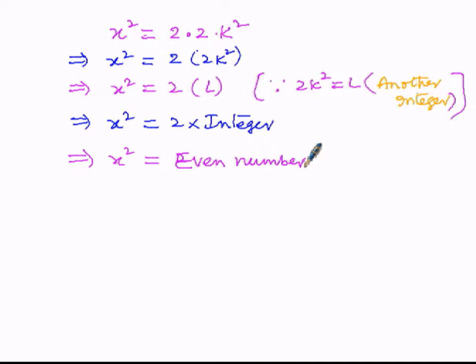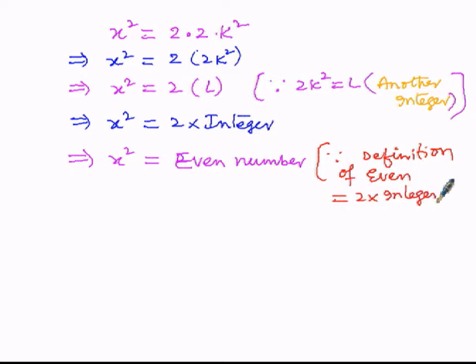We got this logical step by means of the definition. Hence, x square can be written as an even number.